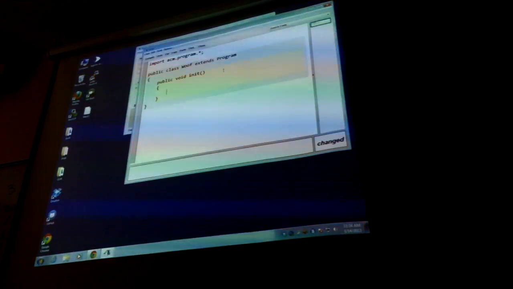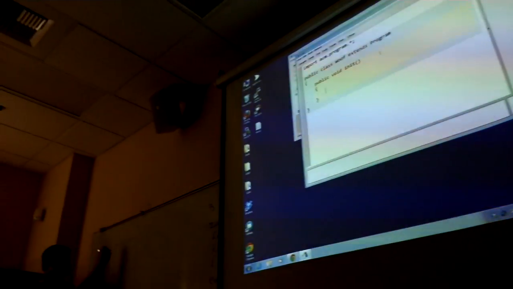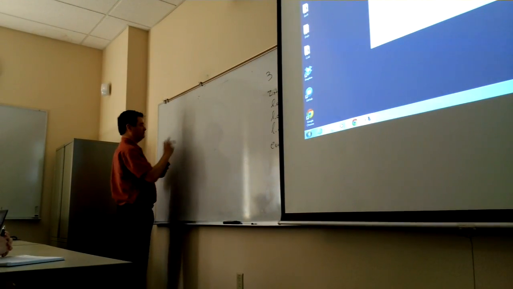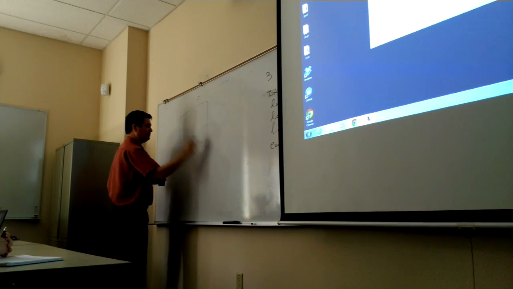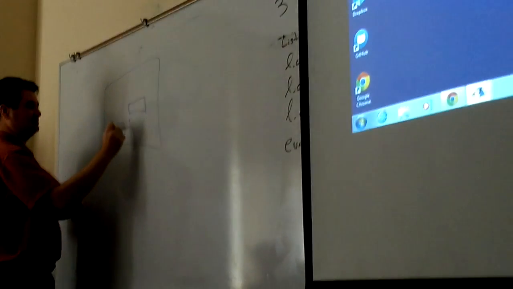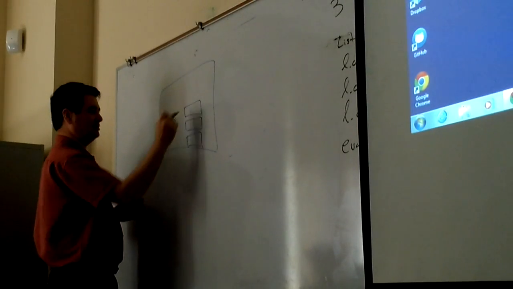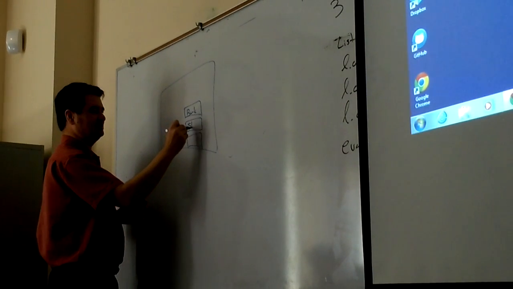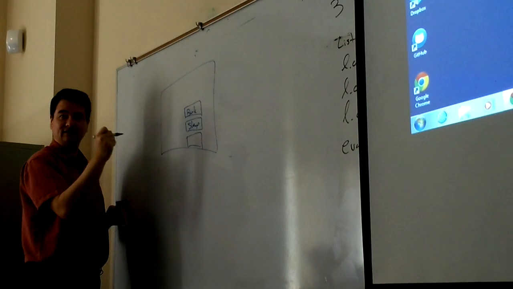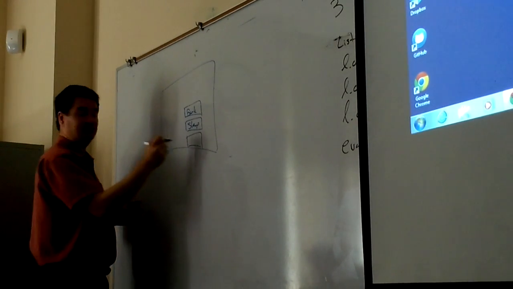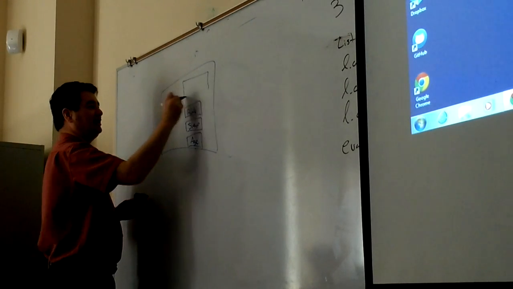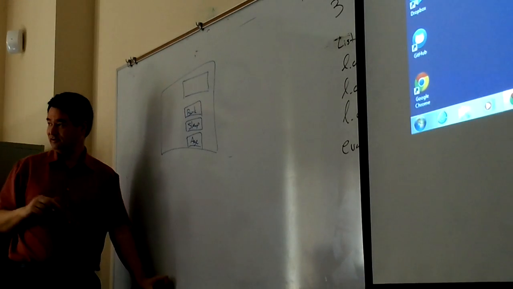So I think what I want is a bigger window, and some buttons: one says bark, one says sleep, and one says age, and then a display here that displays what these things are going to return.